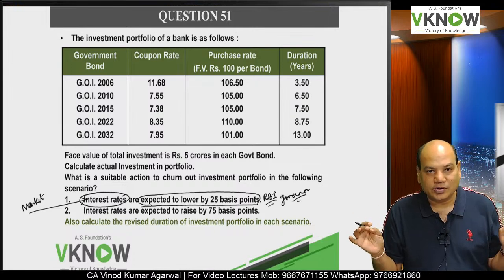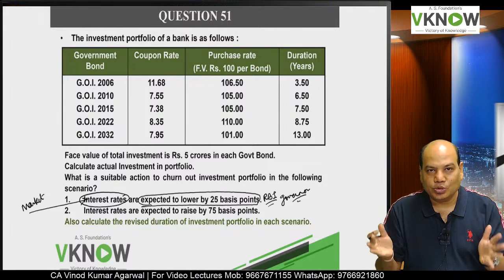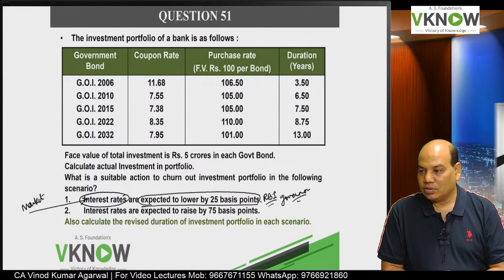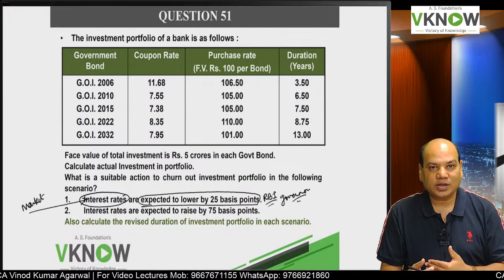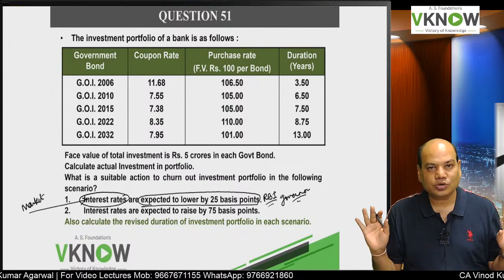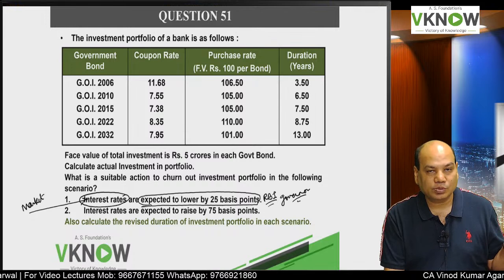After expecting this, what action are you going to take as a fund manager, as a portfolio manager? Are you just going to remain quiet as it is, or are you going to reshuffle your portfolio?